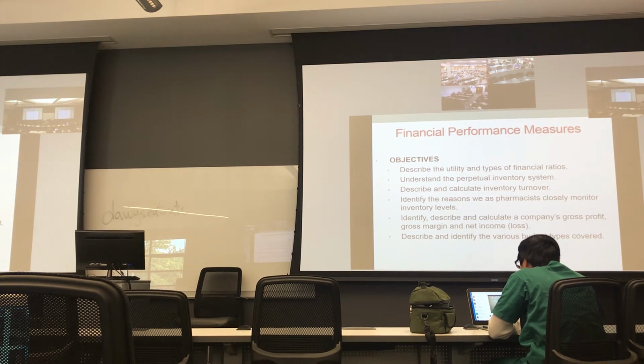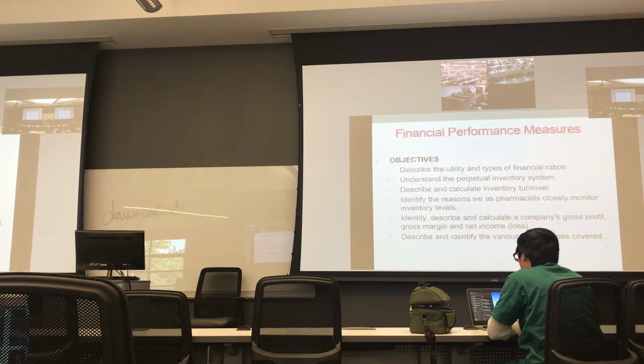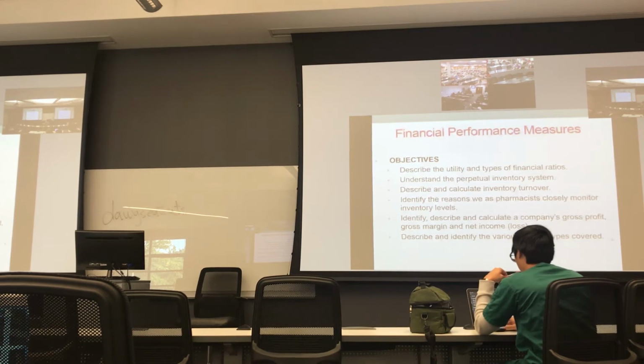Because when you do it the normal way, it doesn't really come out. And a lot of times you don't have the information because you don't have a balance sheet. But anyway, it's just to show you how it's calculated, and then you'll be able to do that. And then we're going to talk about monitoring inventory levels and determining gross profit, gross margin, and net income.